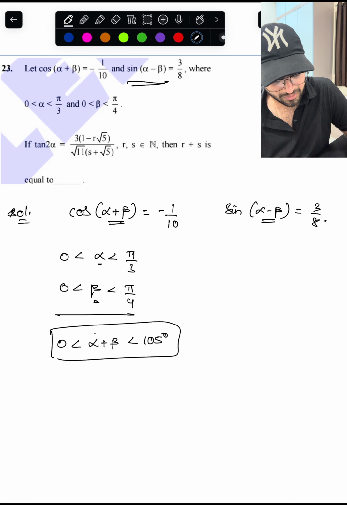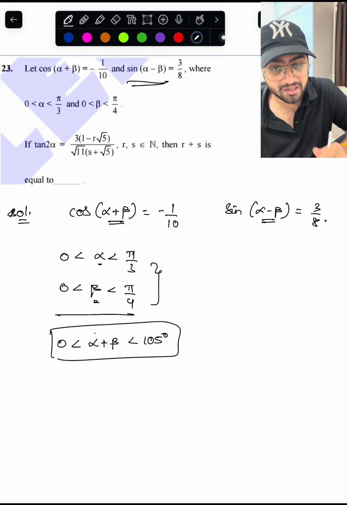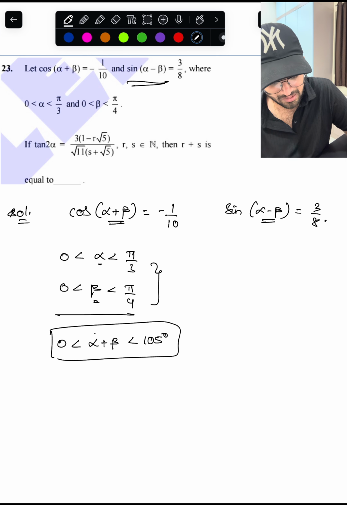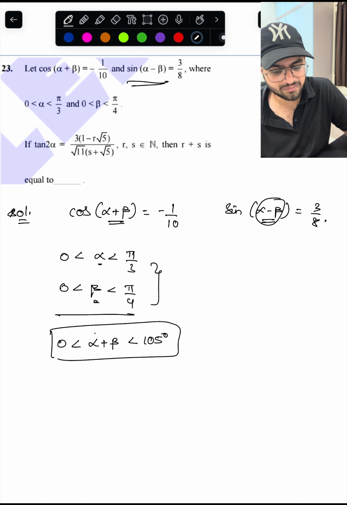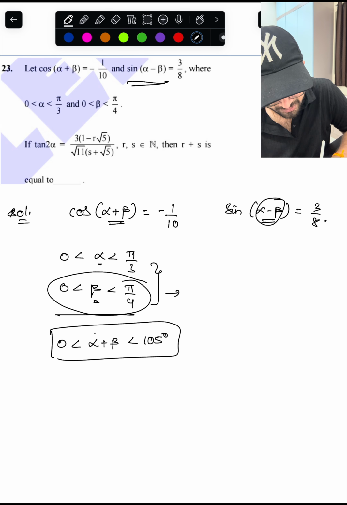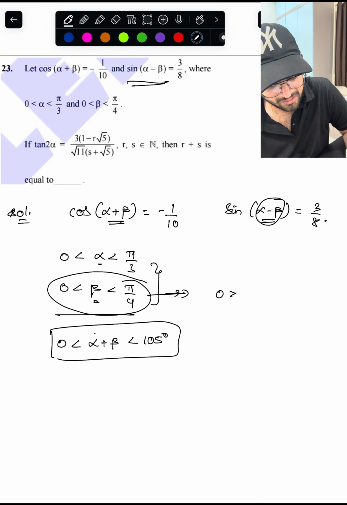So to calculate alpha minus beta range, we can't subtract any inequalities. We can add up two inequalities, but we cannot subtract two inequalities. But how can we get alpha minus beta, right? What we can do is, I will be multiplying with minus for this inequality. So the inequality will be reversed.